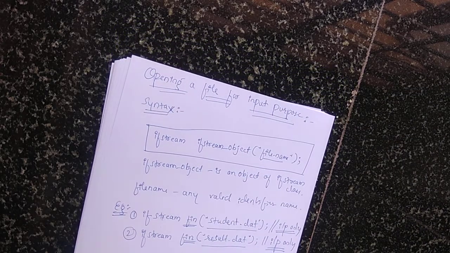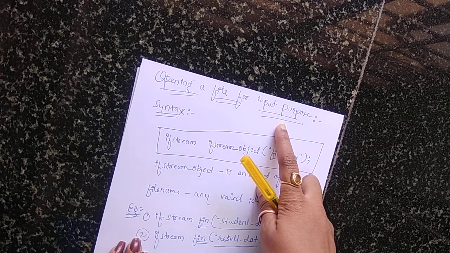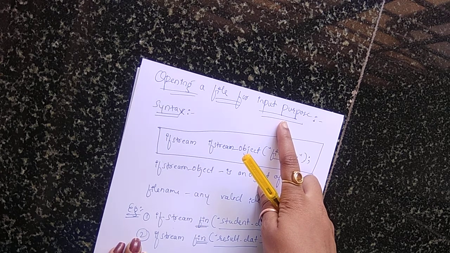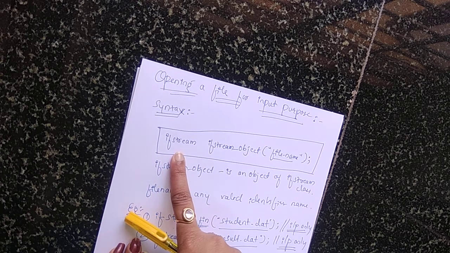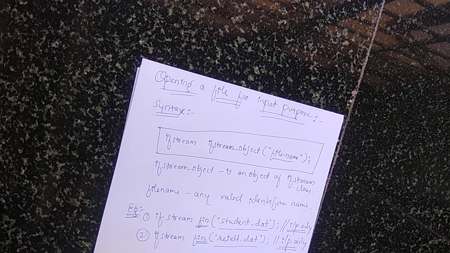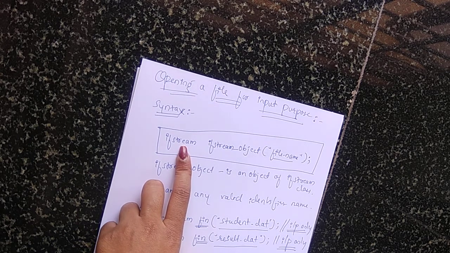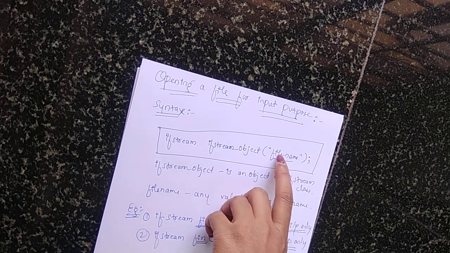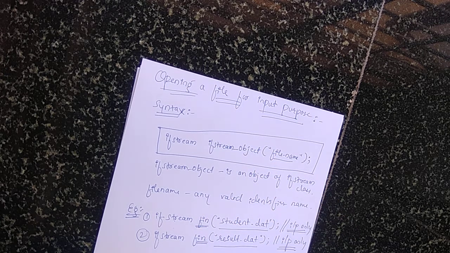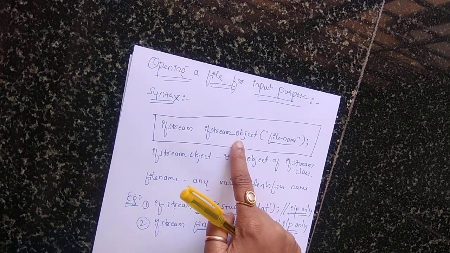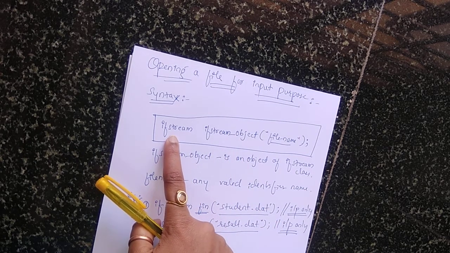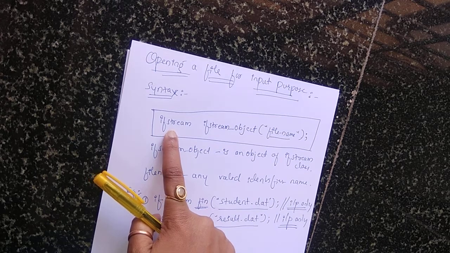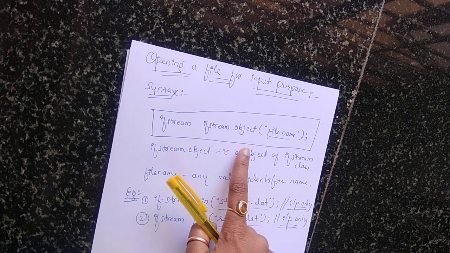The next one, we had also seen how we can open a file for input purpose. To open any file for input purpose, you have to use compulsorily the ifstream class and the object of the ifstream class. So the syntax for opening your file for input purpose is the ifstream class name, the ifstream object, and file name, in a pair of parentheses ended with a semicolon. Here, the ifstream object is an object of your ifstream class which will help you to open your file for input purpose.